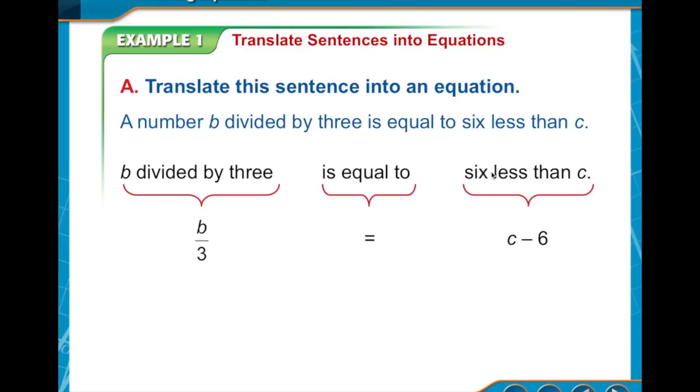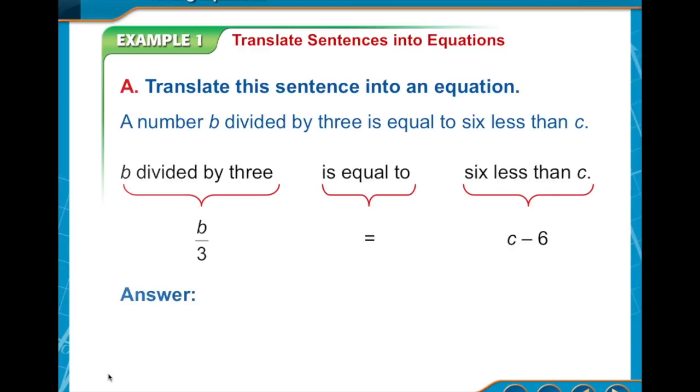So normally when we have subtraction, it'll be the first thing minus the second thing, unless it says less than. Less than is going to have the order switched, right? If I think 1 less than 10, well, 1 less than 10 would be 10 minus 1. 6 less than c is c minus 6. So in this case, we have b divided by 3 equals c minus 6. That's that sentence translated into an equation.